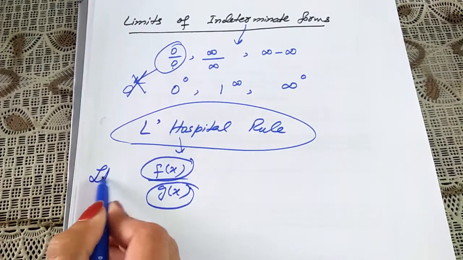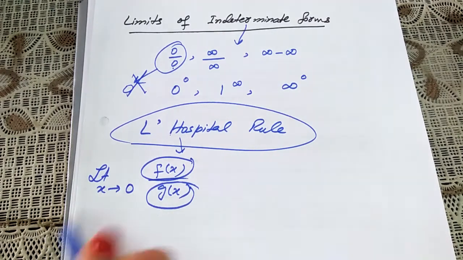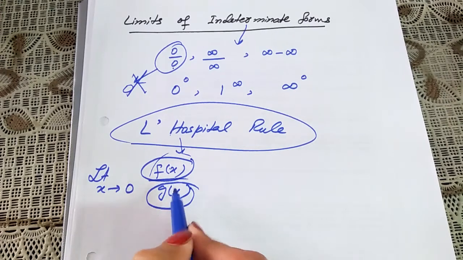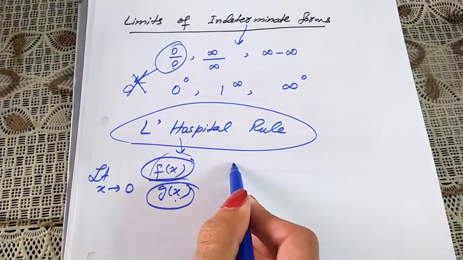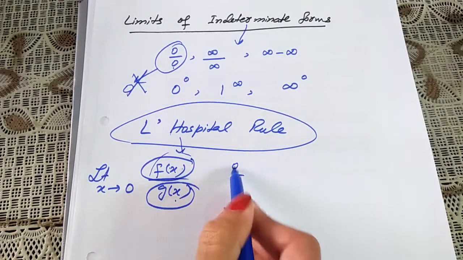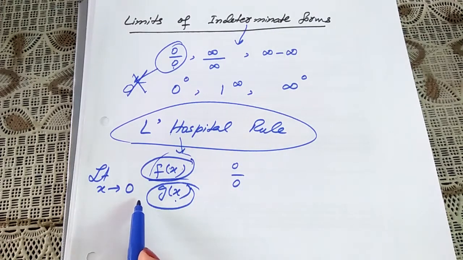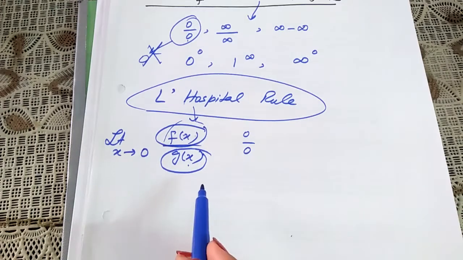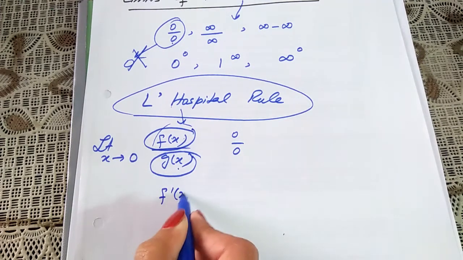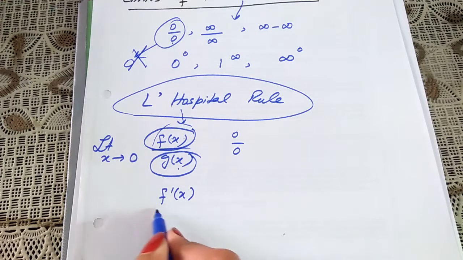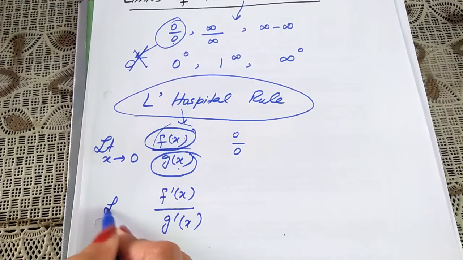For example, suppose we have the limit as x approaches 0 of f of x over g of x, and when we put 0 into this fraction, we get 0 over 0. If we get the 0 over 0 form, then we use the L'Hopital rule to evaluate the limit. For that purpose, we take the derivative of the numerator separately and the derivative of the denominator separately, and then we evaluate the limit.